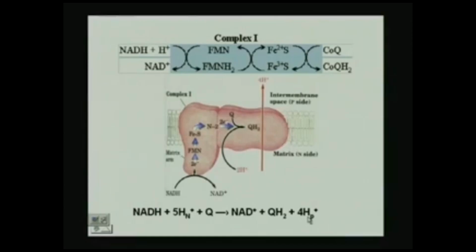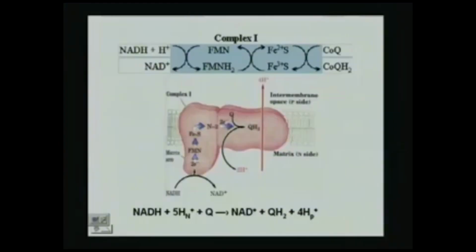Okay. So, this is our final reaction for complex 1, and remember complex 1 has this whole enzyme that is an oxidant. All of these enzymes are going to be dehydrogenases or oxidoreductases. Why? Because all of them are involved in redox reactions. Since all of them are involved in redox reactions, they have to be either dehydrogenases, oxidases, oxidoreductases, whatever. Okay. So, this is complex 1.